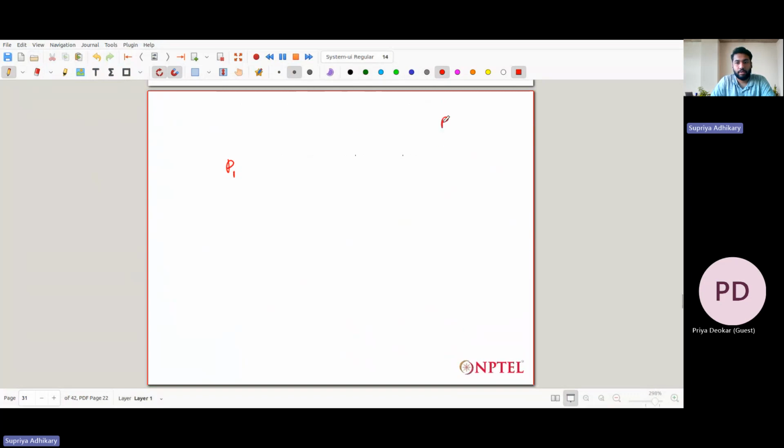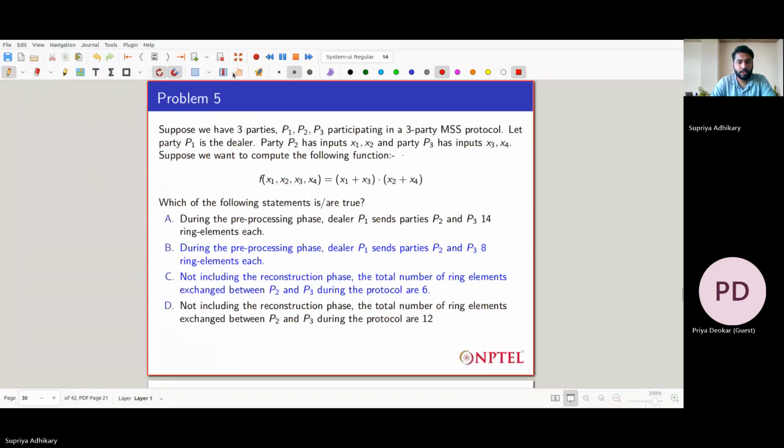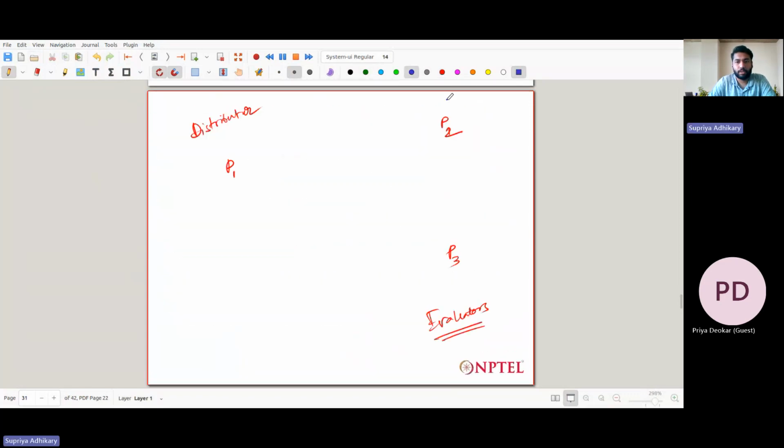Sorry, this is P2 and this is P3. We have a distributor over here, and P2 and P3 are the evaluators. P2 has the inputs X1 and X2, and P3 has the inputs X3 and X4.